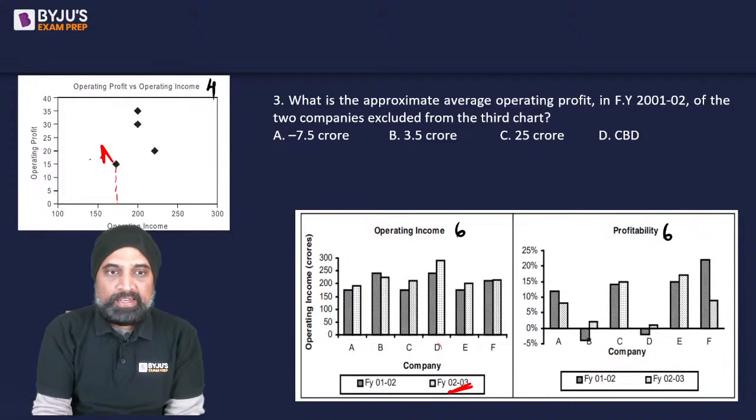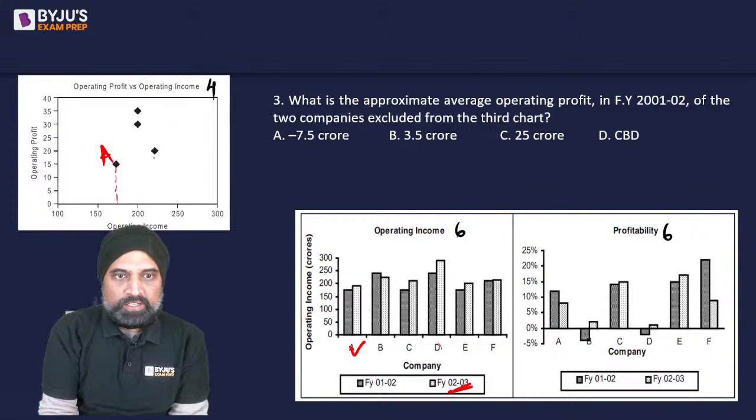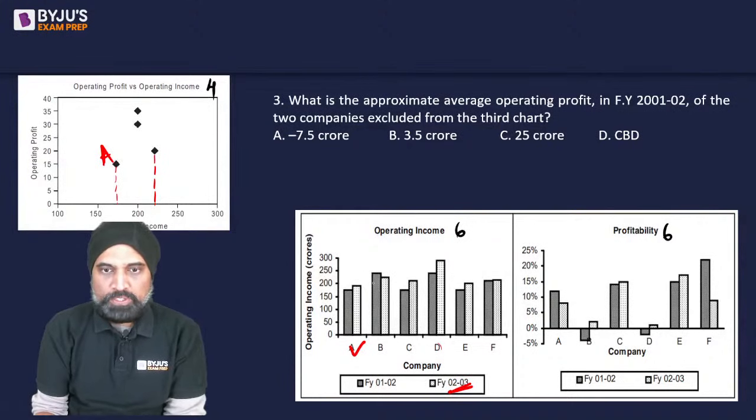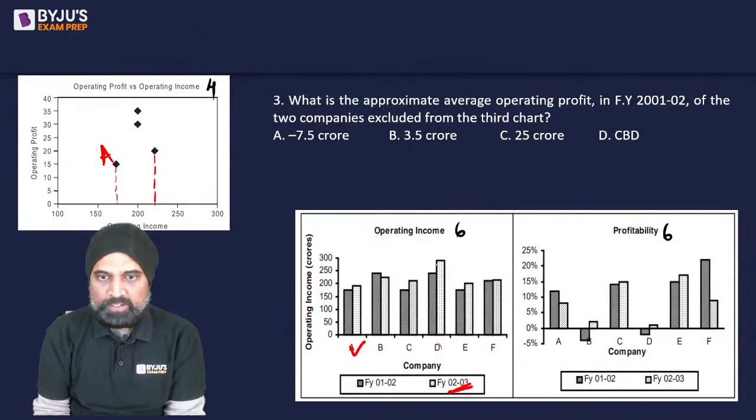Okay. Next, A is there. The next one is between 200 and 250. Between 200 and 250, we have a lot of companies, right?